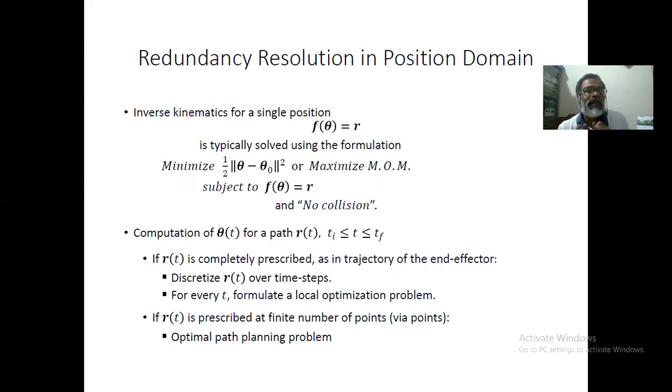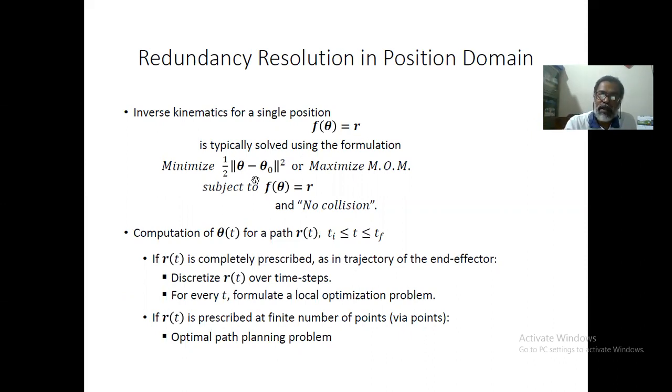So there is a business for redundancy resolution. So you typically solve this problem by the formulation of an optimization type, in which you say minimize the joint motion from the present configuration to some configuration where it will reach R.